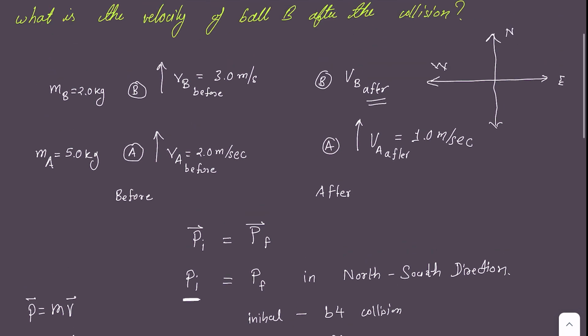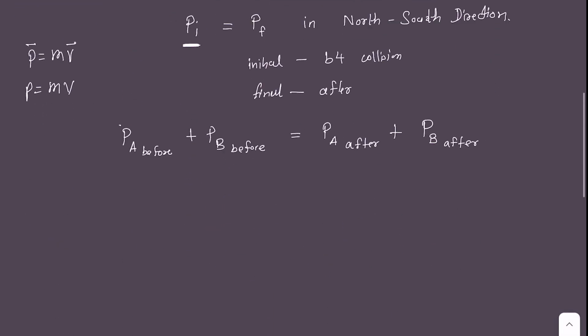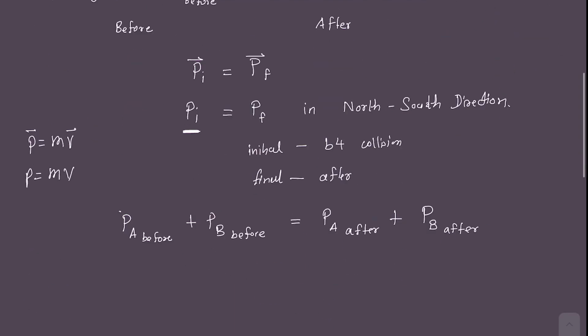So let's say that all the velocities in the north direction are positive and all the velocities in the south direction will be negative. Okay, so initially we see that both the balls are moving in the north direction. That means both of these velocities are positive.